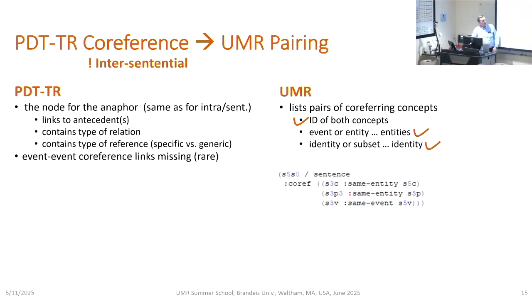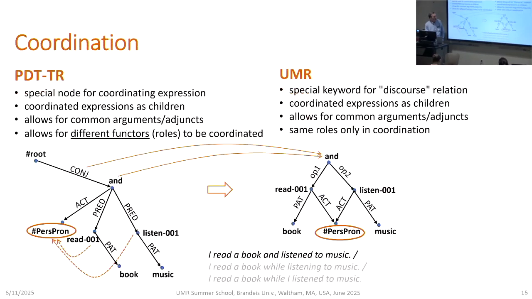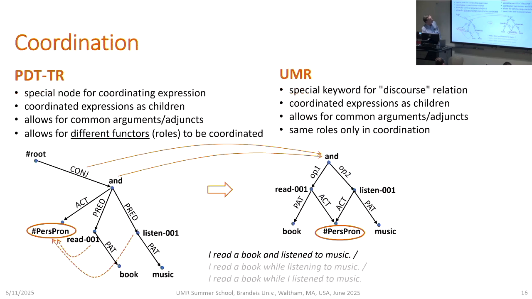And then for the intersentential, this is just a section of the document level annotation in UMR, and all three points are just taken from the PDT links which are across sentences.